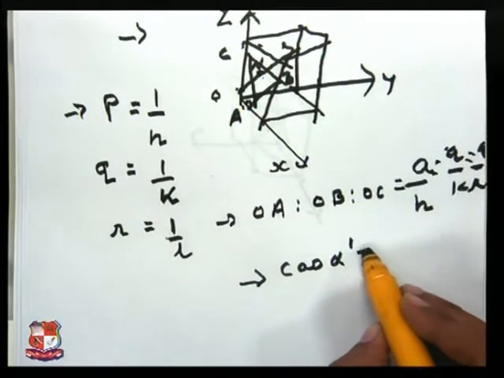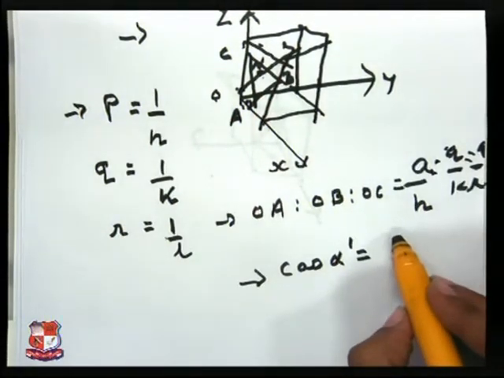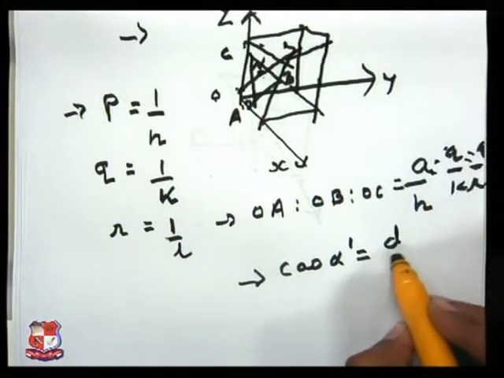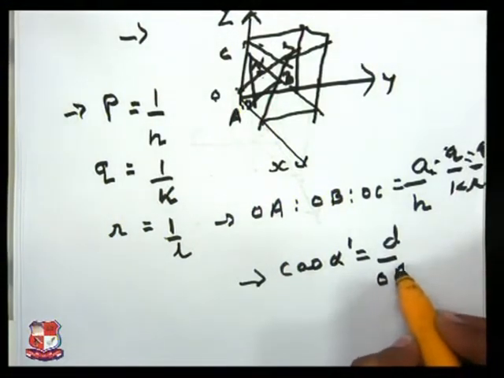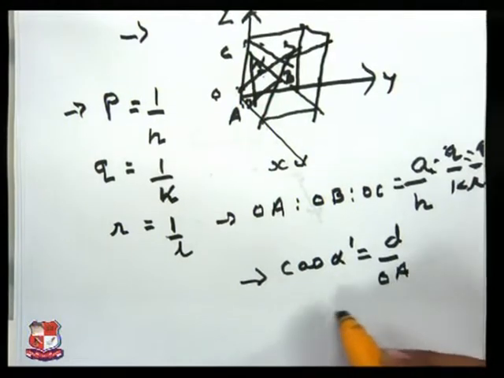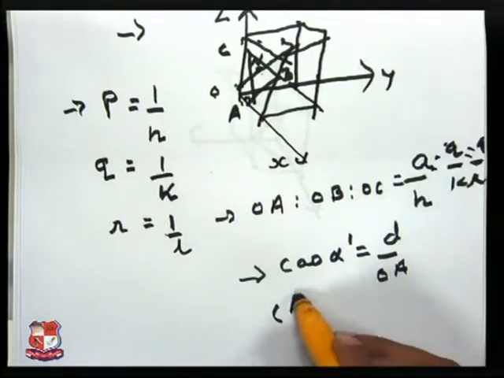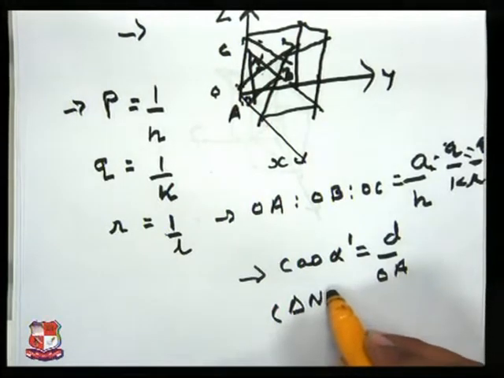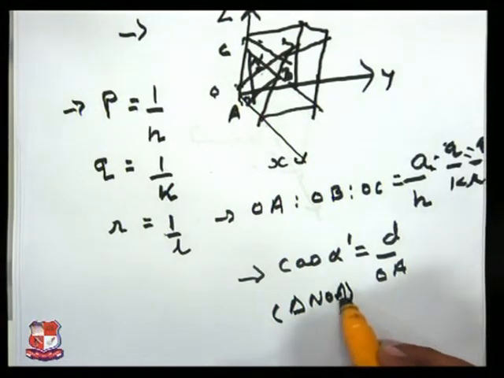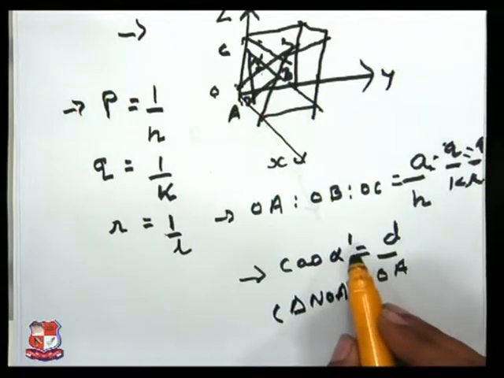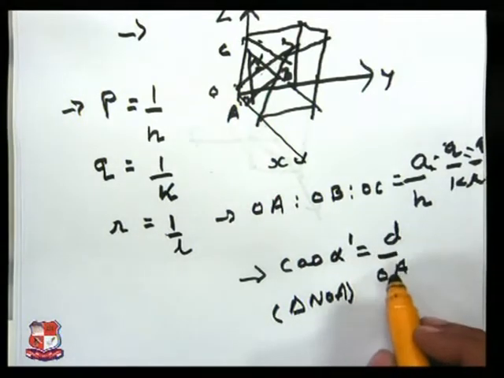cos alpha dash is equal to d upon OA, where OA is the distance along the axis. This cos alpha dash is taken for the triangle NOA. That means cos alpha dash is equal to d upon OA.